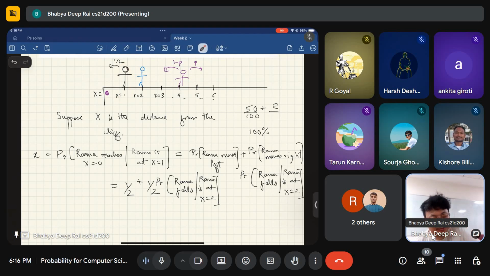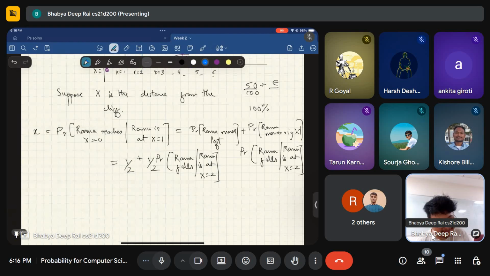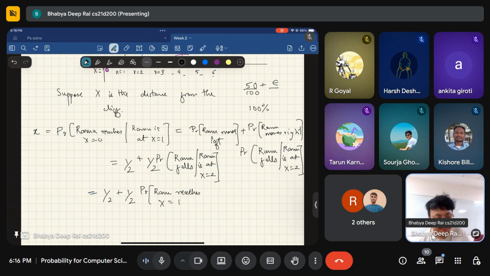Now is where the interesting thing happens. So this is nothing but half plus half times the probability that Ramu reaches x equals 1, given that Ramu is at x equals 2.